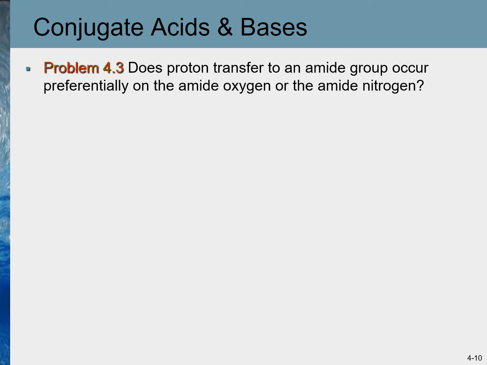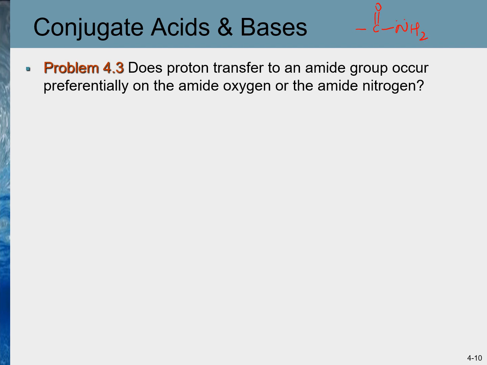Does proton transfer to an amide group occur preferentially on amide oxygen or the amide nitrogen? Now this problem can be answered by applying the same concept we learned in case of carboxylic acid. Amide group, as we know, has a carbonyl part and an amine part. So the amide group is CONH2.